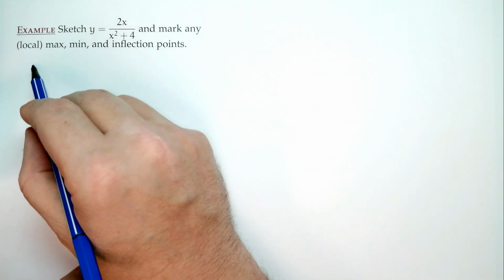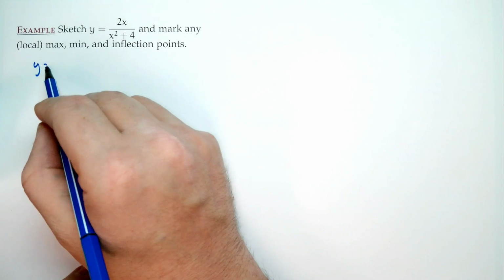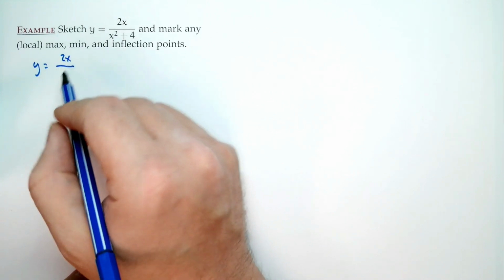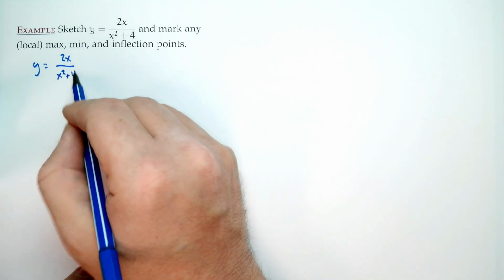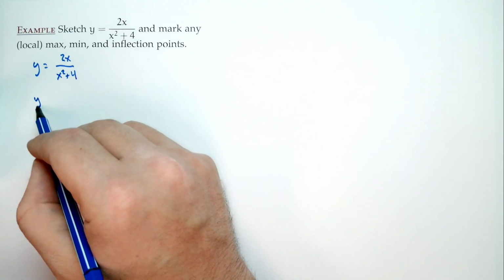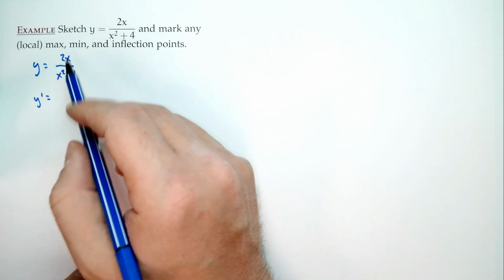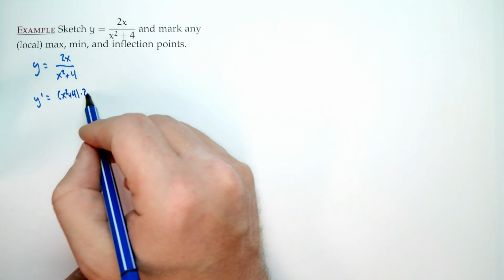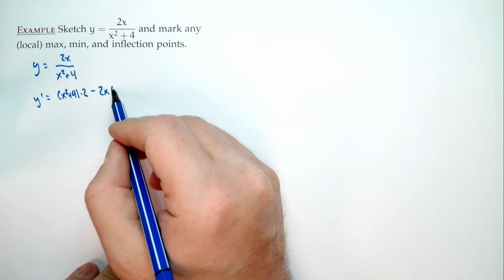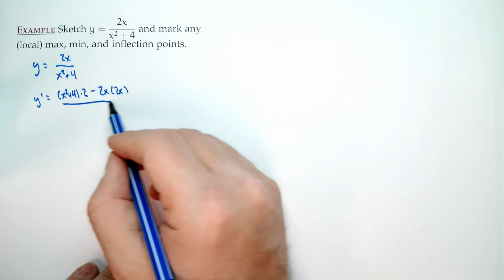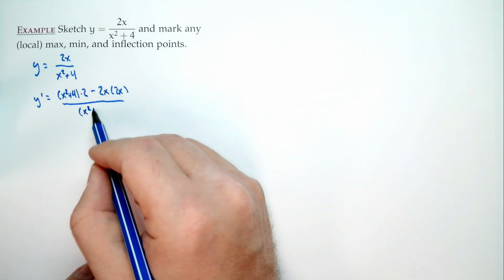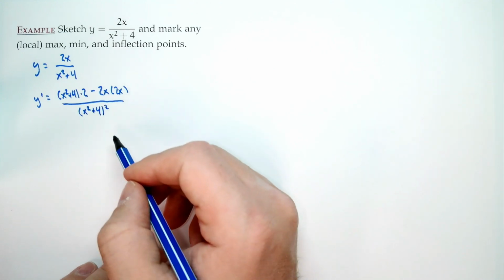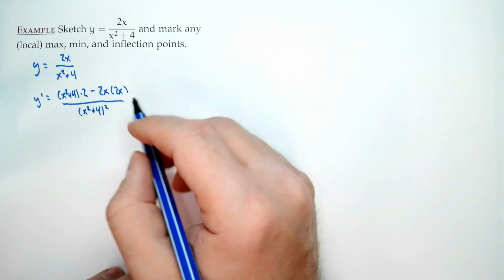So, here we go. We have y equals 2x over x squared plus 4, y prime. So that would be a quotient. We take the bottom times the derivative of the top minus the top times the derivative of the bottom, all over the bottom term squared. What does that give us?